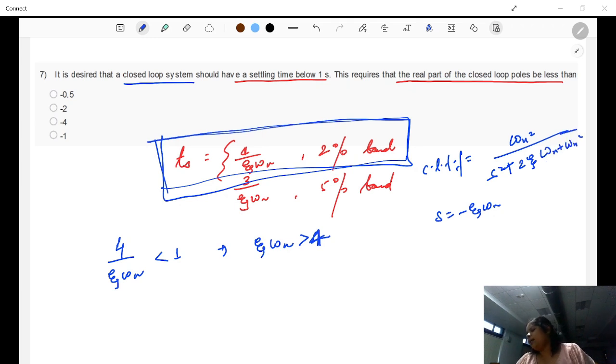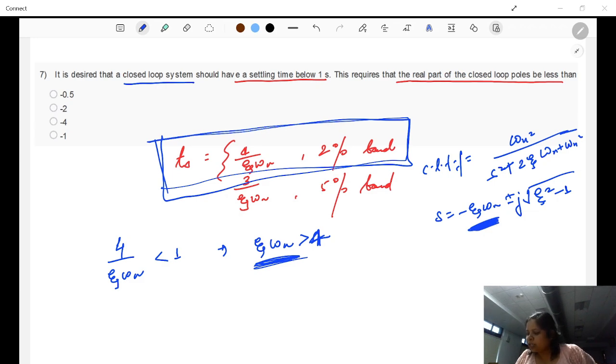When we tried to find out the roots corresponding to the characteristic equation for this transfer function, what we got was of this sort. So you can see that this zeta omega n has a direct relation with the real part here.